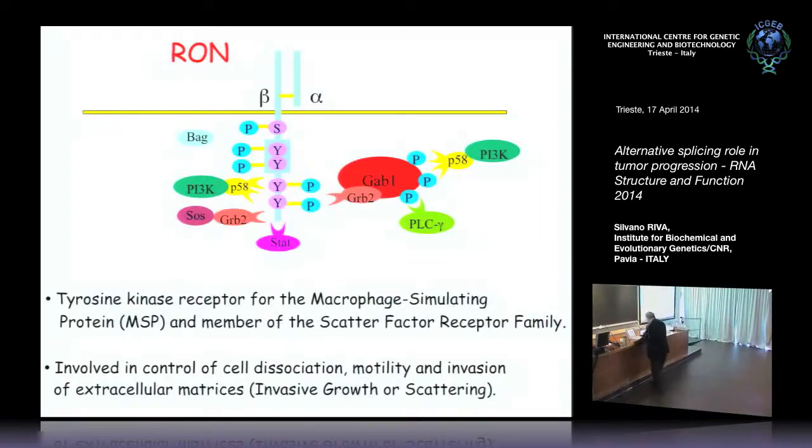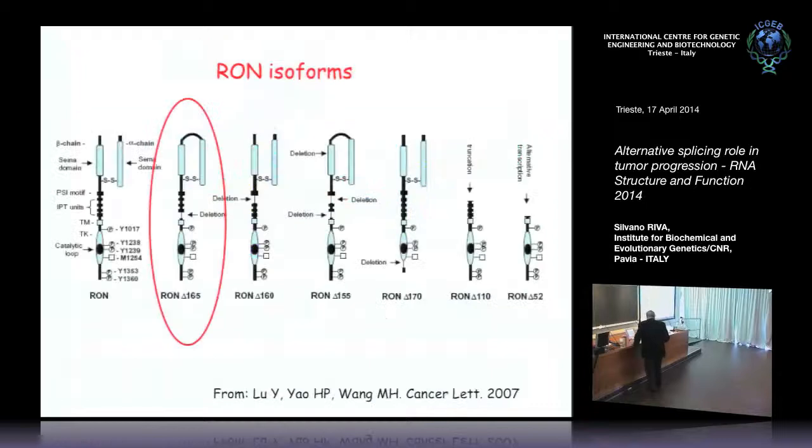Now, this strange receptor has a lot of isoforms produced by alternative splicing. Many of them are transforming proteins. So it's a proto-oncogene, okay?